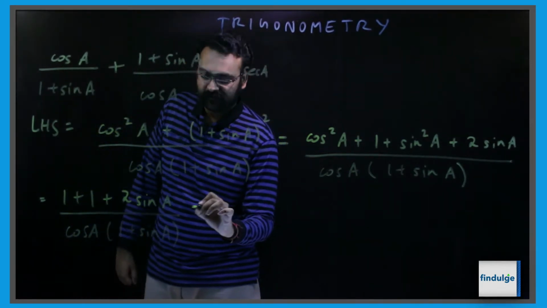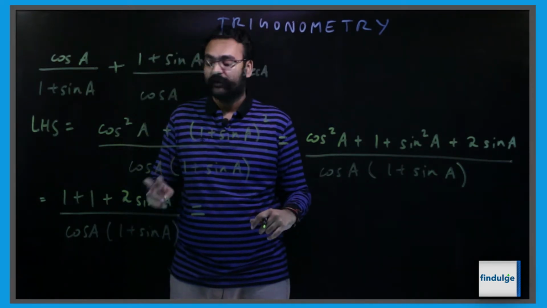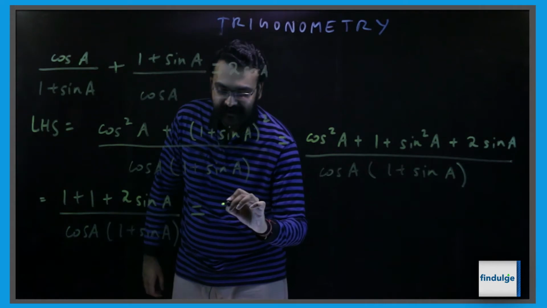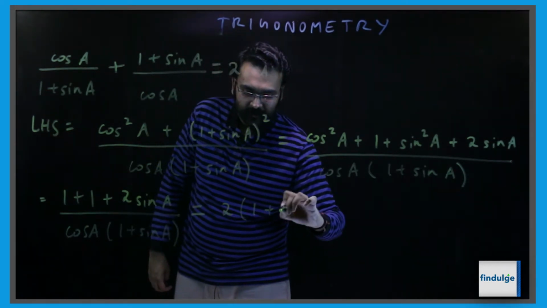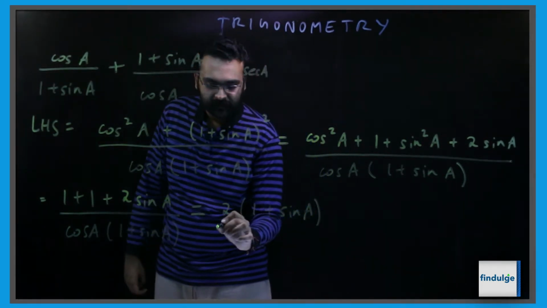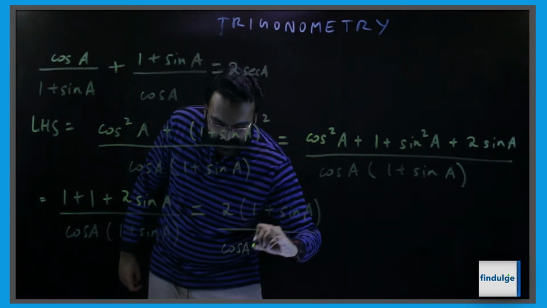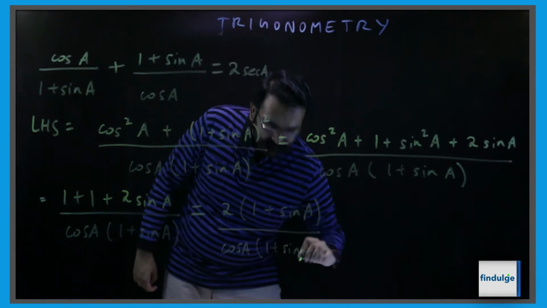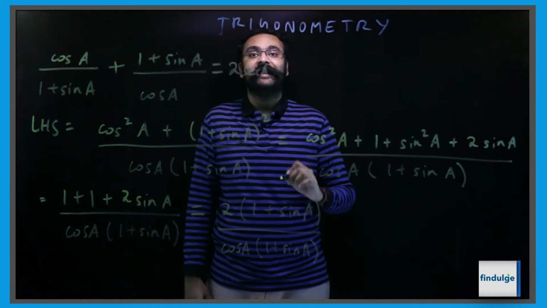Now, if you observe, 1 plus 1 will just become 2. So, this will become 2 plus 2 sin A. I take 2 common. I'll be left with 2 into 1 plus sin A divided by cos A into 1 plus sin A. And now you can see what I was saying, that things get cut.